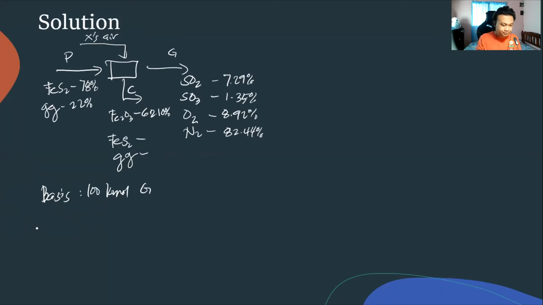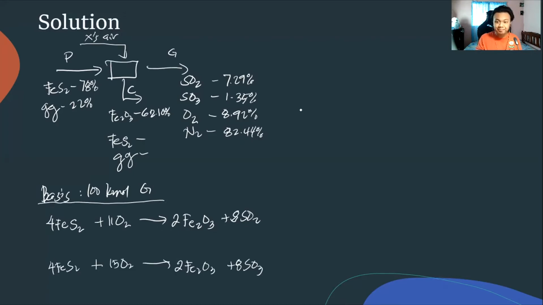The way I solve this is that I write the equations. So let me write it. This is the main reaction, and then the side reaction. Okay, so how do we solve this?